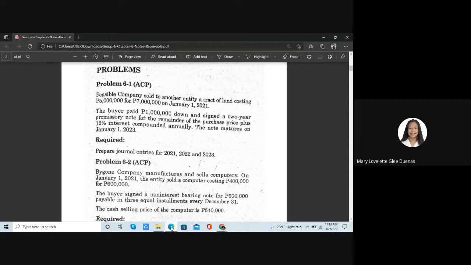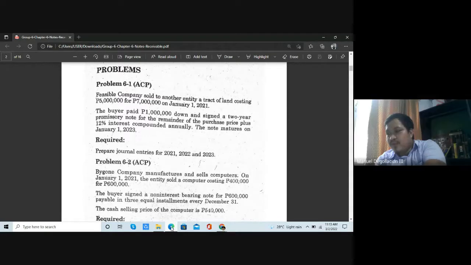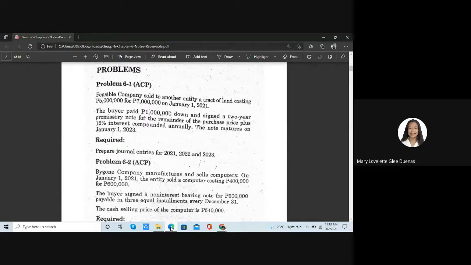Where did you get the 720,000? For accrued interest receivable, we get it from multiplying 6 million times the 12% interest.